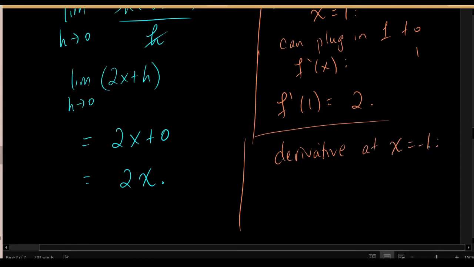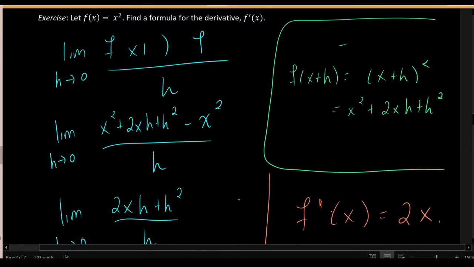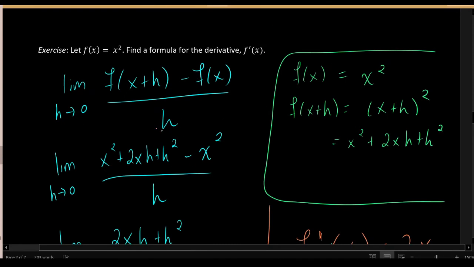Now that you've found a general formula for the derivative, the derivative at minus 1 can be obtained just by plugging minus 1 into your formula. Result: minus 2. So, in summary, when would you use this formula here?